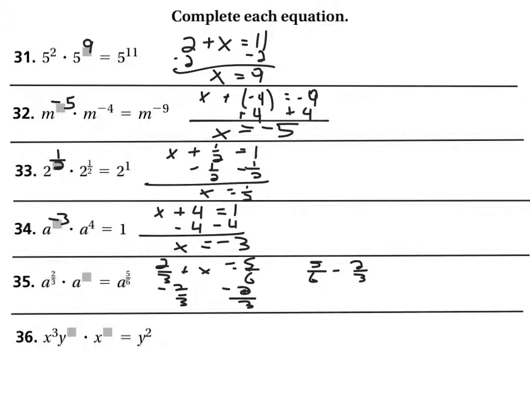The best way to do this is to turn them both into the same denominator. We will keep 5/6, and we will turn 2/3 into 4/6. If you don't know how to write equivalent fractions, that's something you should check with me about. And 5/6 minus 4/6 equals 1/6. So 1/6 is the missing exponent.